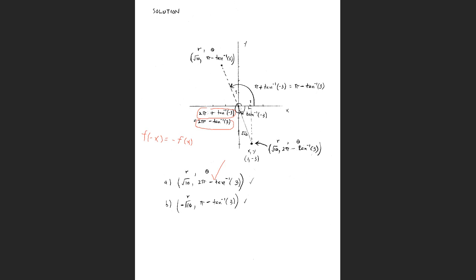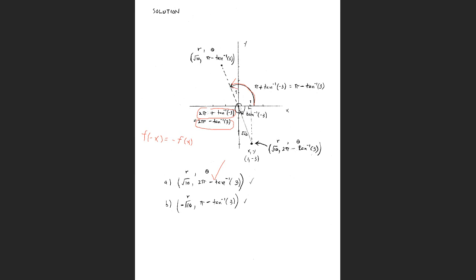Now for B, you want theta to be between 0 degrees and 360 degrees, but the radius is negative. So what I do there is, the angle I'm going to need to use is this angle.